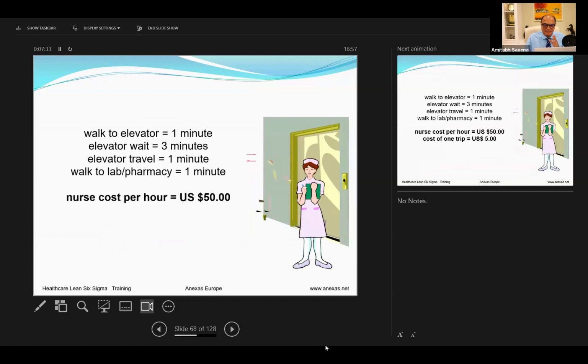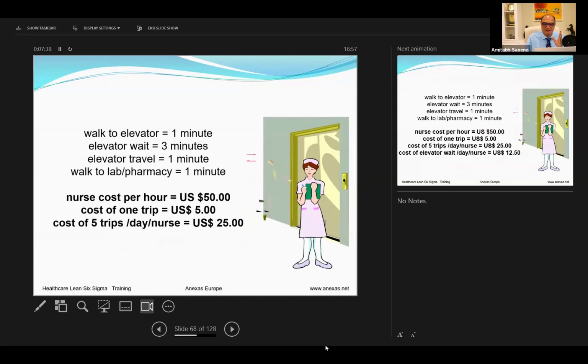So if you do a Gemba investigation, you will find that the hospital is losing. And in fact, we did this study in a US hospital, and these articles are also published. I have published these articles in multiple US journals, and also in Saudi Arabia, where Dammam University publishes certain journals.